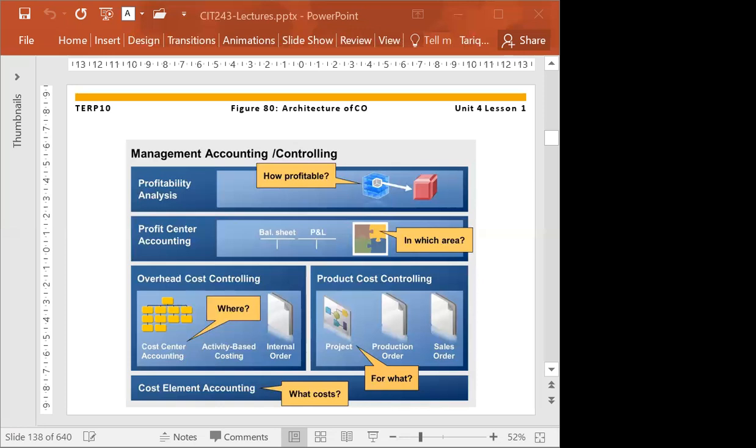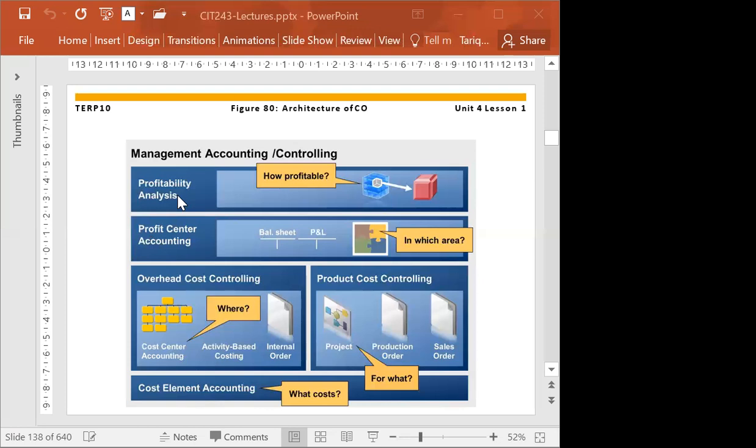By the way, any posting that we receive in profit center accounting and profitability analysis, any transaction we receive, they are statistical postings. We just receive and keep them, and we will use them in reporting.